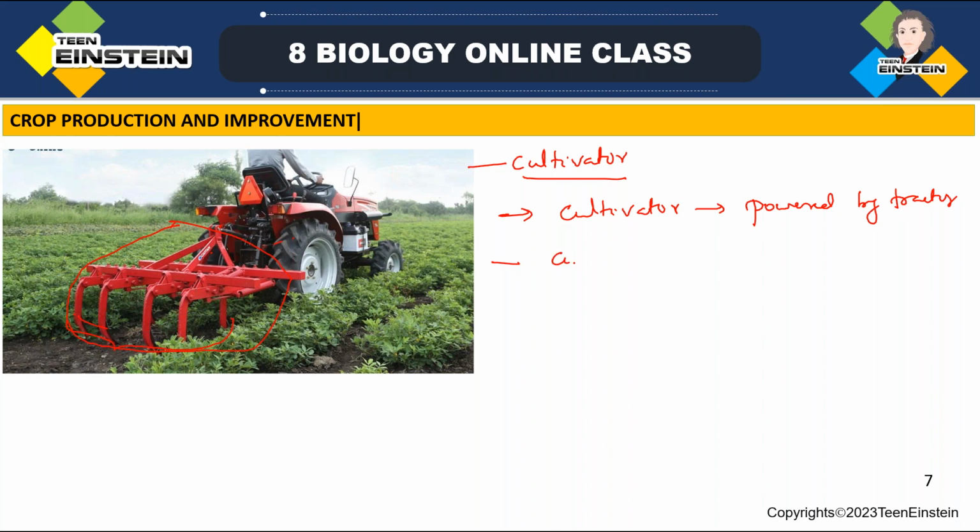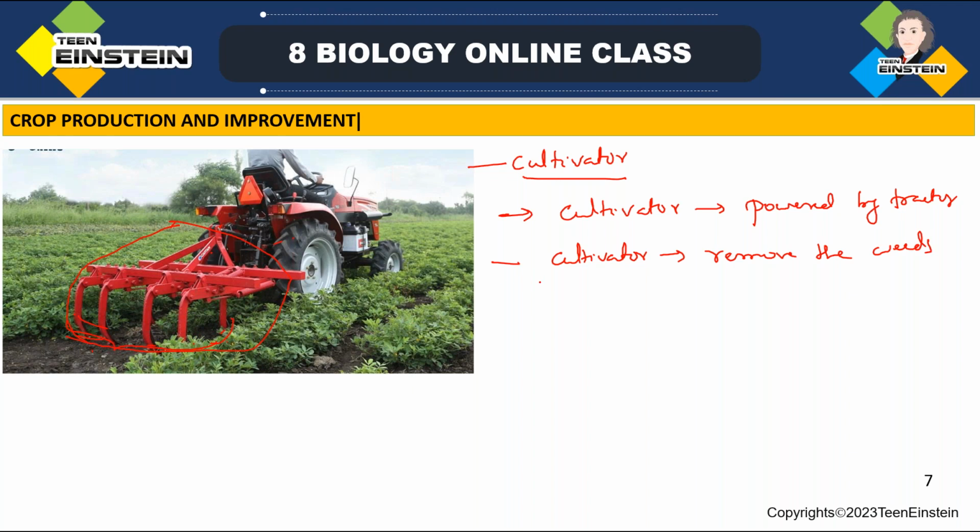And this cultivator is to remove or kill the weeds, right? Here you can see many shafts, several things, so multiple lines can be done at once.